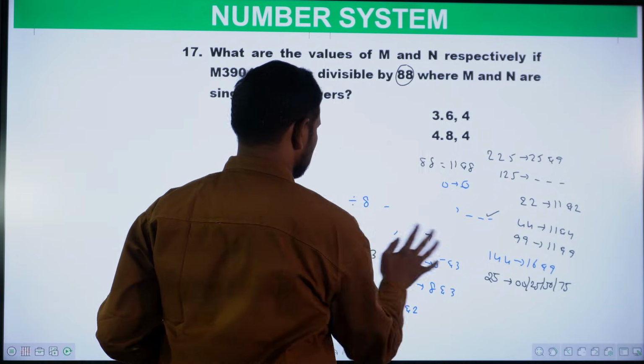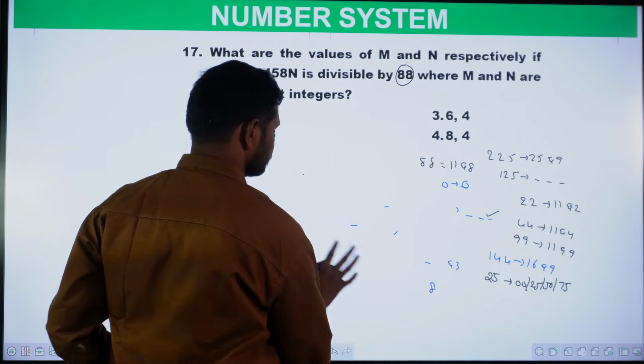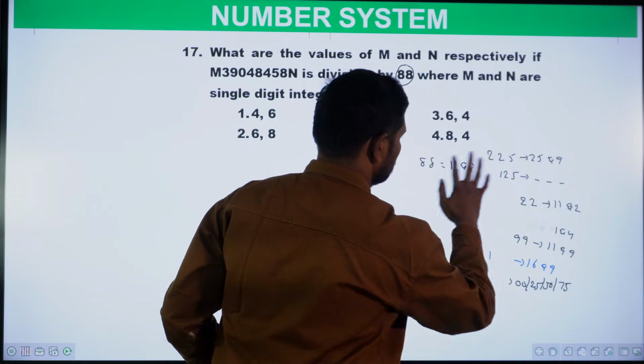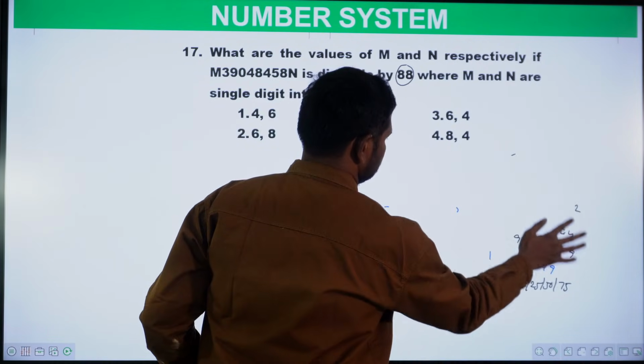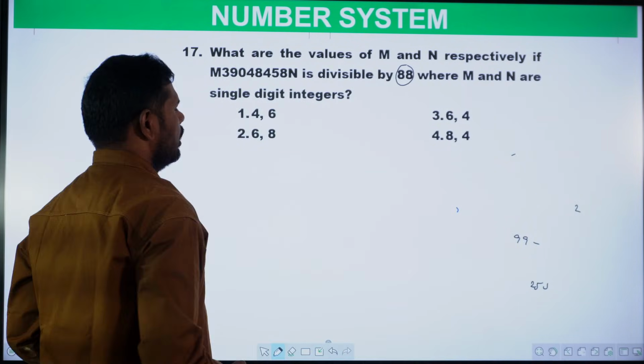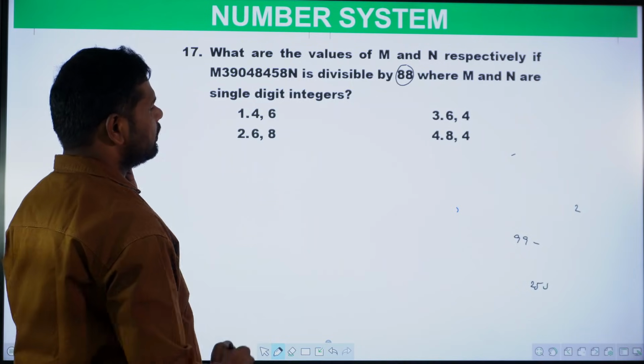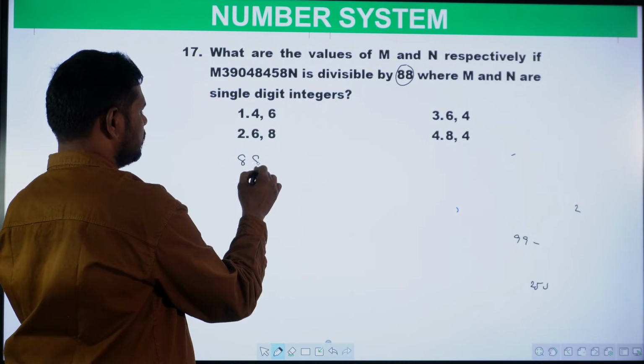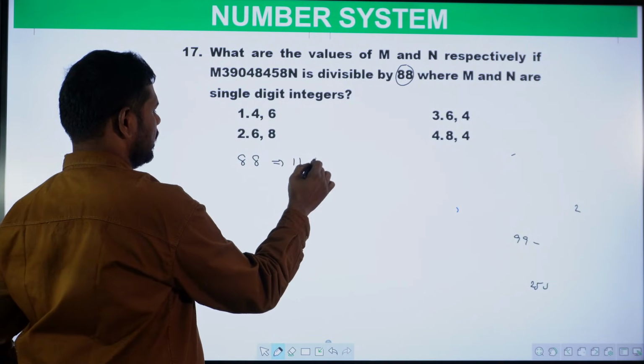Okay, so these are some basic divisibility rule concepts. Now you solve this question. A number is divisible by 88 means we need to check with both 11 and 8.